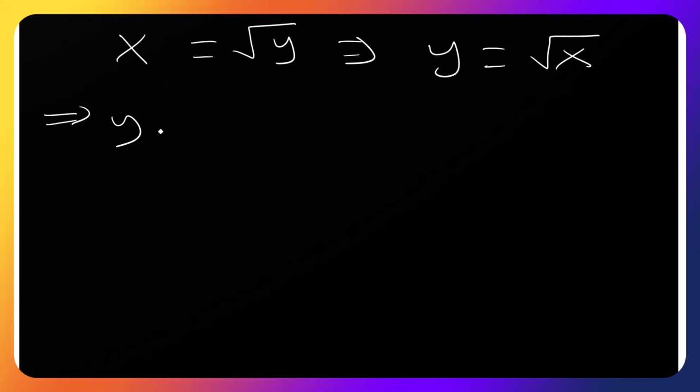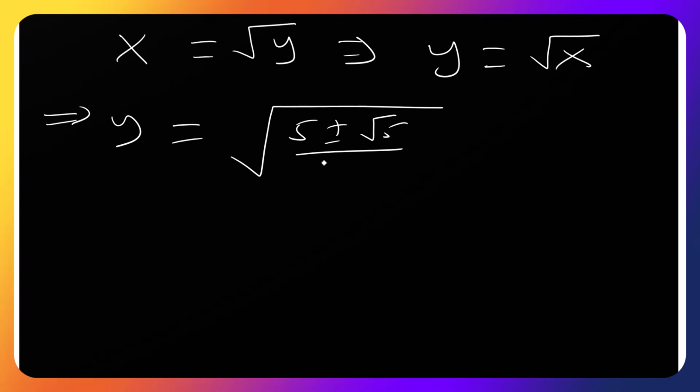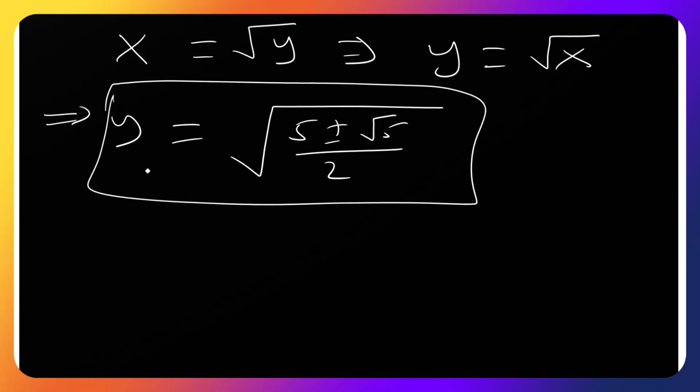So y will also be 5 plus or minus square root of 5 on 2, squared. As simple as that. Alright, so that's that.